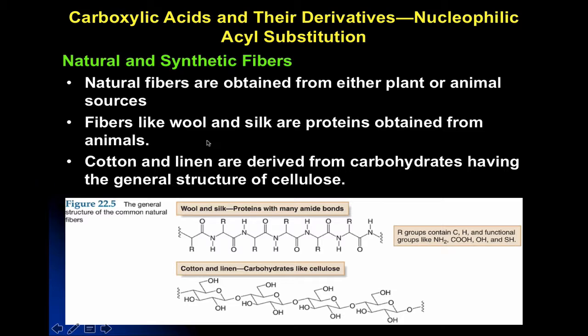Fibers like wool and silk, we get these from things like hair from animals, and they're very good materials. They're quite tough. Cotton and linen, we derive those from carbohydrates, and so those are quite different. We get that from cotton, obviously, but that is not a carboxylic acid derivative.